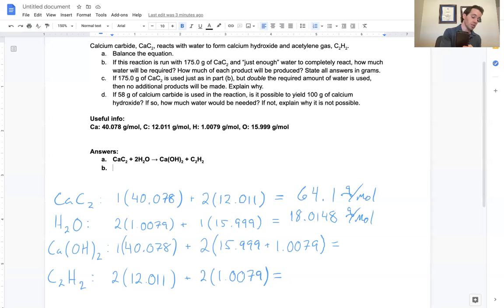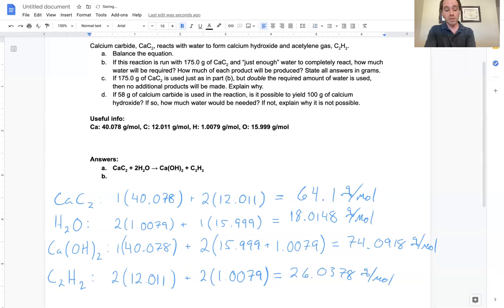And this is 74.0918 grams per mole. And then finally, 2 times 12.011 plus 2 times 1.0079 is 26.0378. Okay, I'm going to categorize these as part of my useful info.